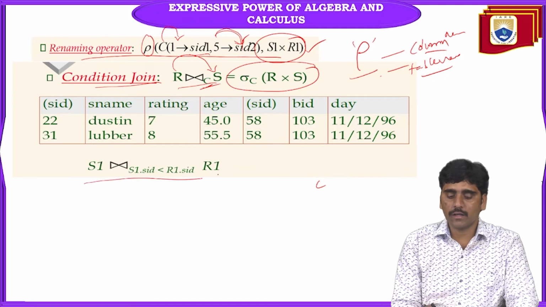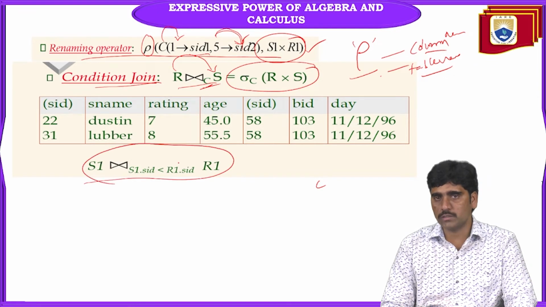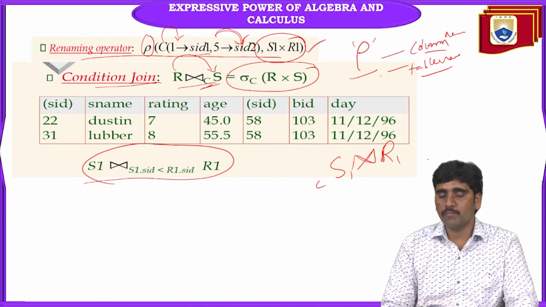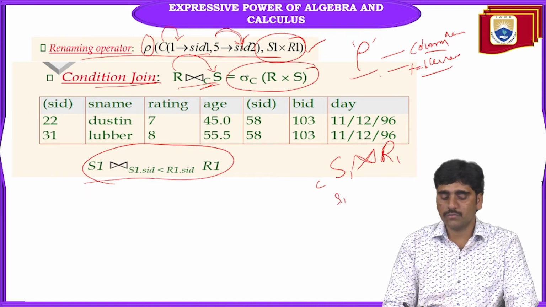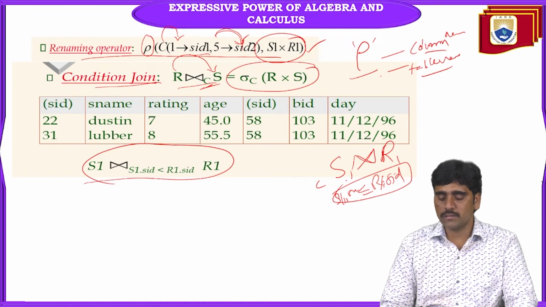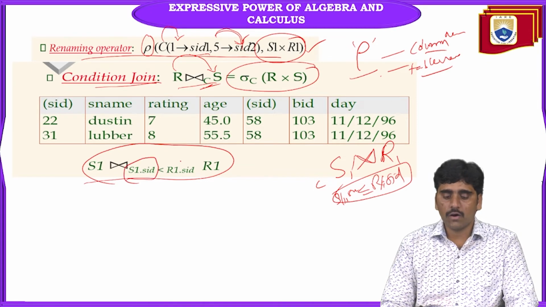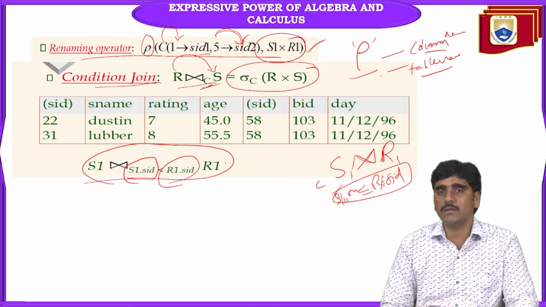Now you can combine those two tables, S1 and R1, on the basis of the condition S1.SID less than R1.SID. S1.SID is the table 1 column, and R1.SID is the table 2 column.